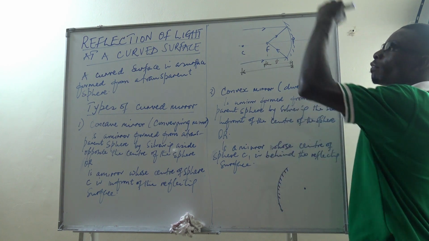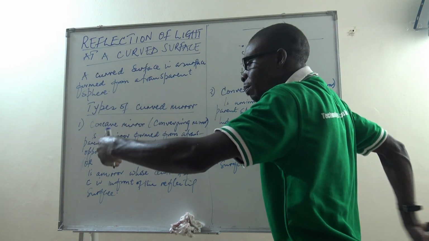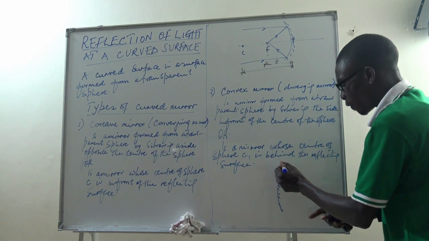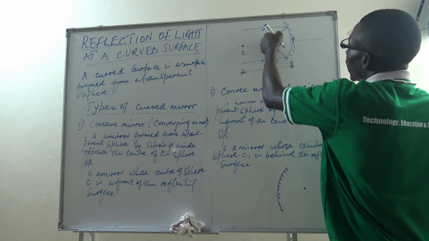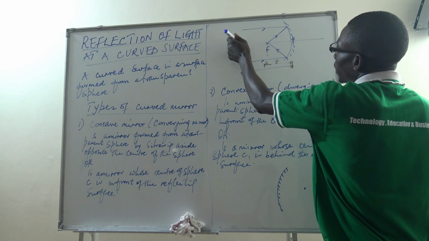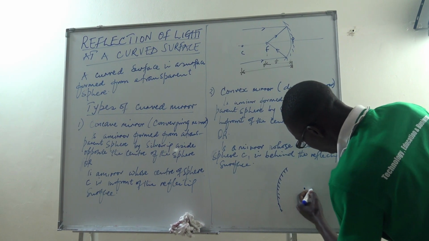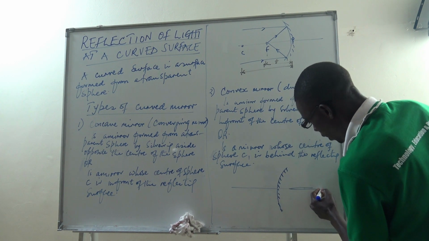The reflecting is here, but the center is behind. Whereas this one, reflecting is here, the center is here in front. Okay? So that is what we are calling a convex mirror.